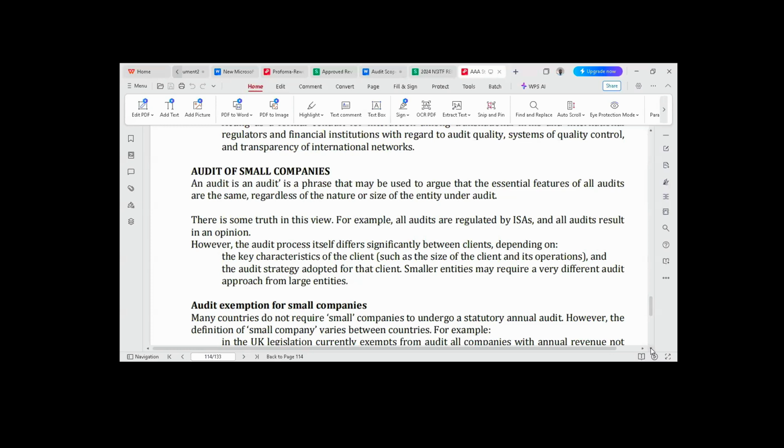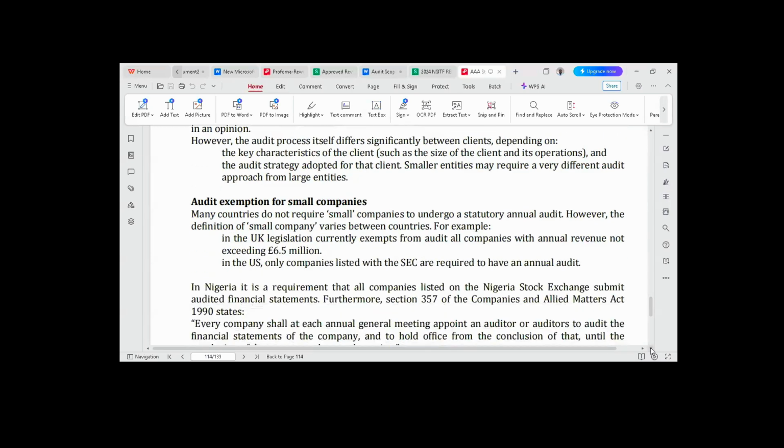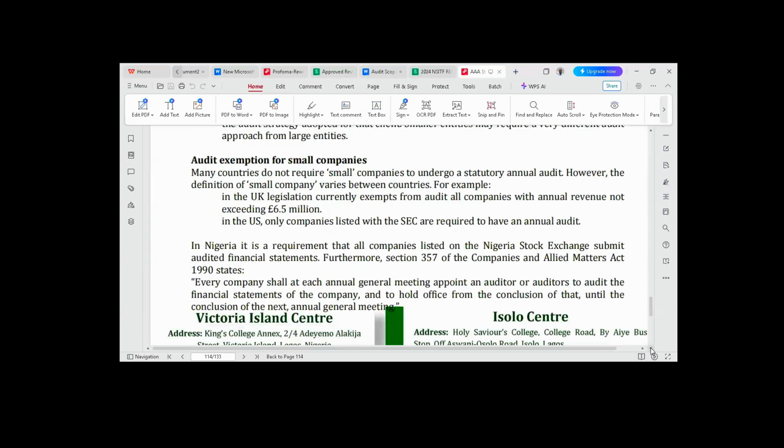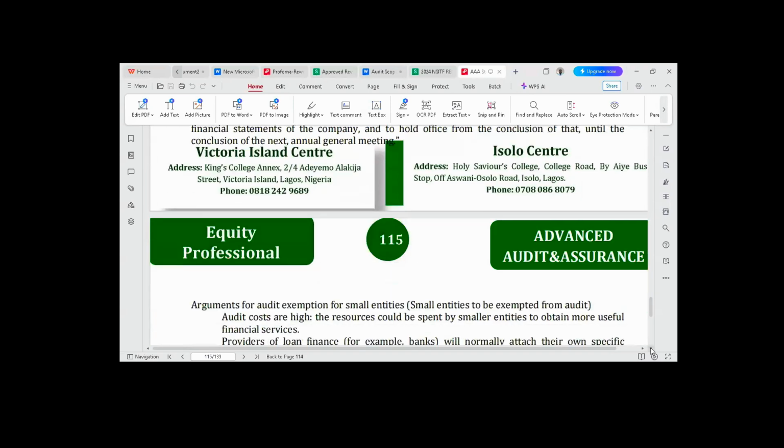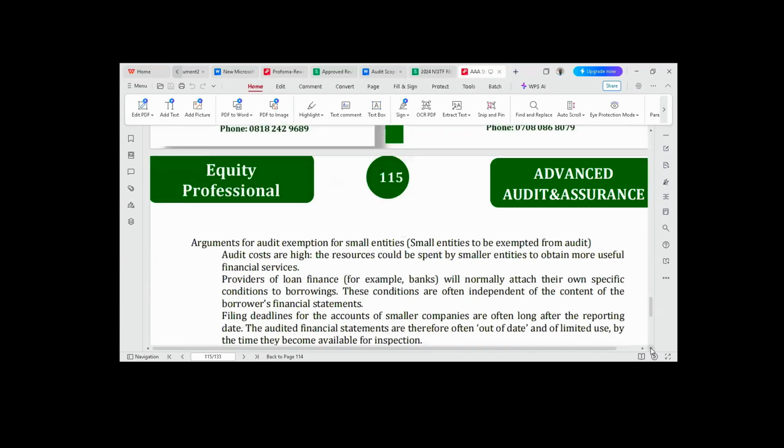Okay. Now, for companies that are small, remember, I said that the law has made it flexible for them. They are now exempted from statutory audit. So let's look at the argument for audit exemption for small companies, and the argument against audit exemption for small companies.